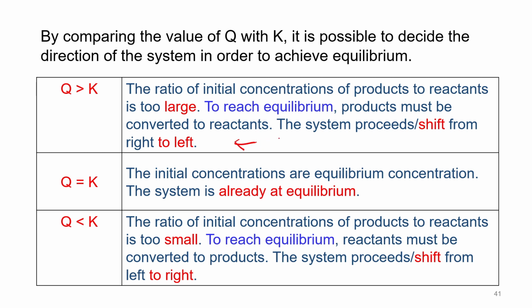Okay, from right to left. Alright. Kalau Q sama dengan K, the initial concentration are equilibrium concentration, the system is already at equilibrium. Kalau Q is less than K, meaning that the ratio of initial concentration of product and reactants is too small. Jadi nilai dia terlalu kecil, jadi untuk mencapai keseimbangan, reactant perlu convert kepada produk. Jadi macam mana dia nak convert the product? Dia akan shift to the right, from left to right. Jadi maksudnya daripada reactant, dia akan produce more product.